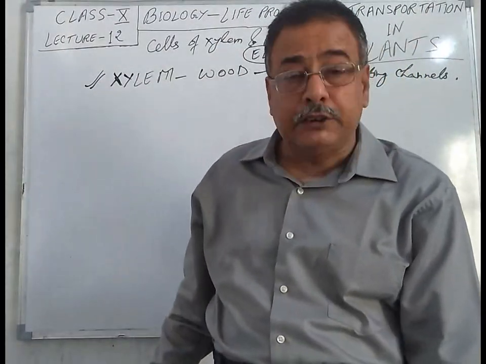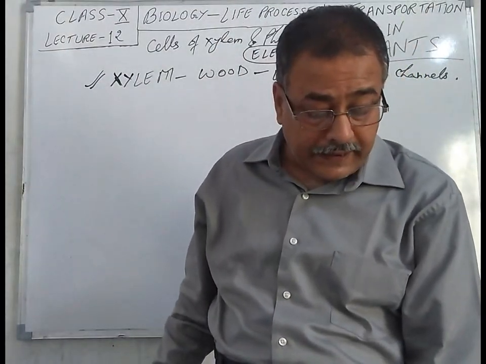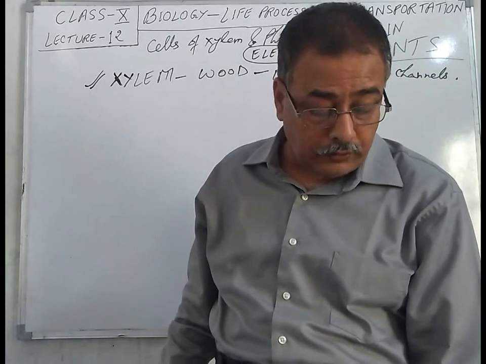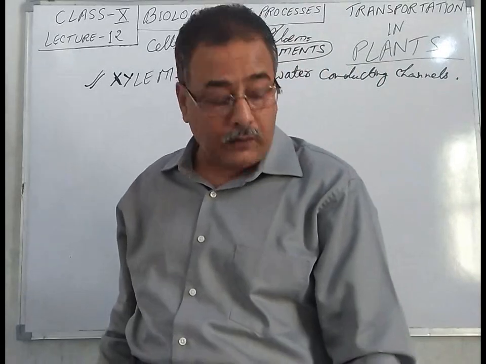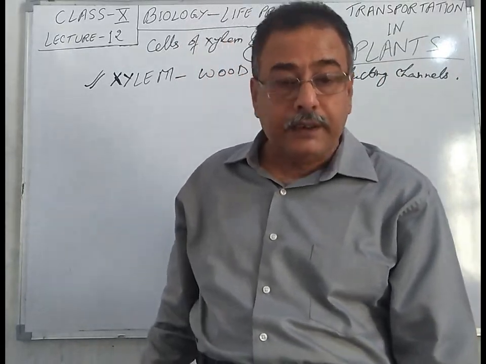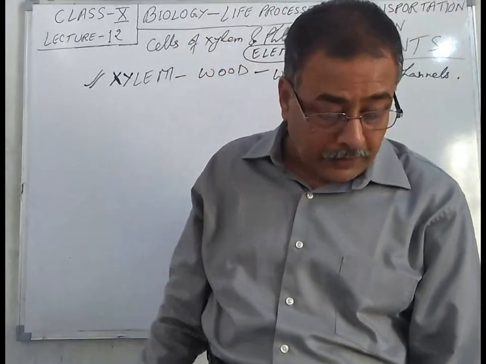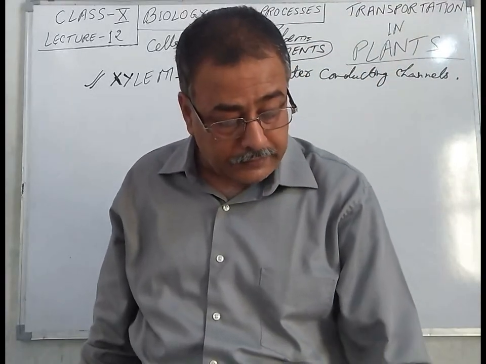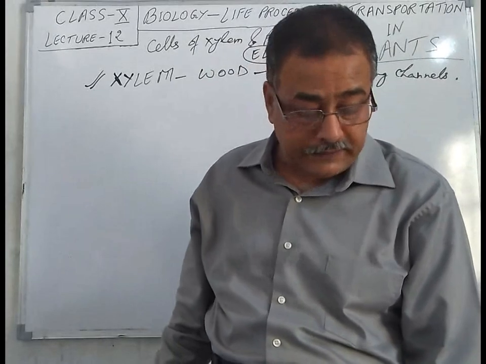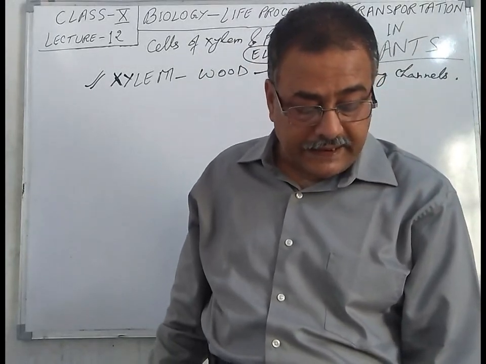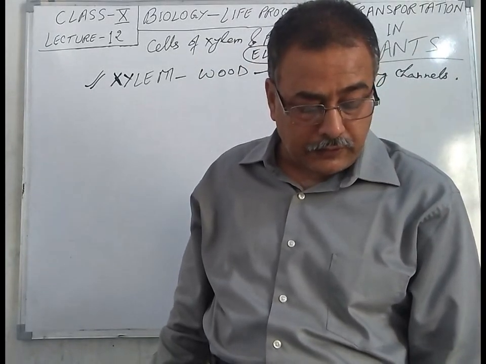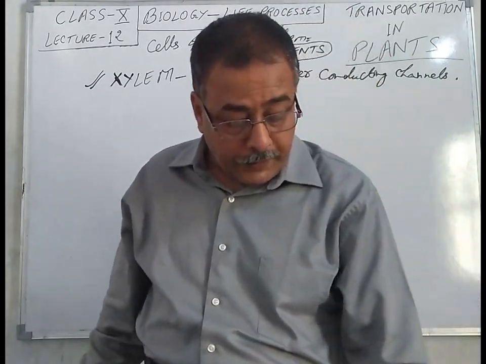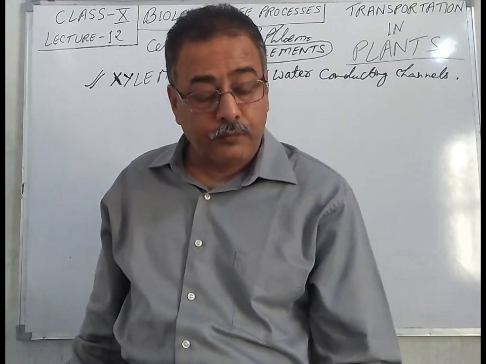In xylem tissue, vessels and tracheids of roots, stem and leaves are interconnected to form a continuous system of water conducting channels reaching all parts of the plants. At the roots, cells in contact with the soil actively take up ions. This creates a difference in the concentration of these ions between the roots and the soil.